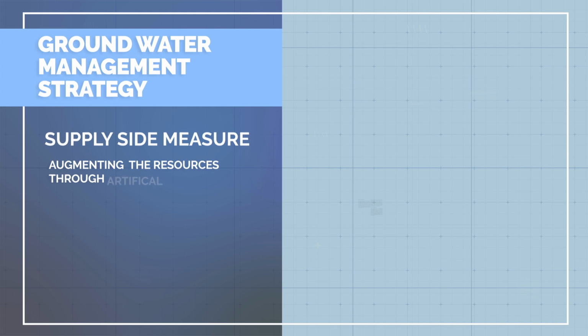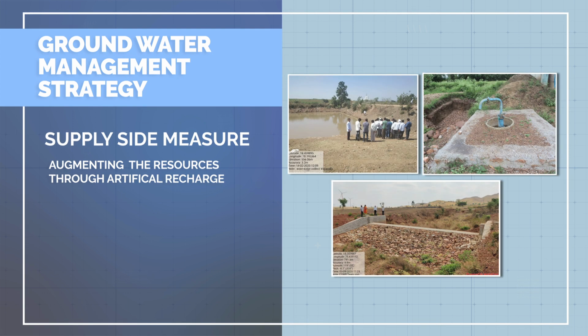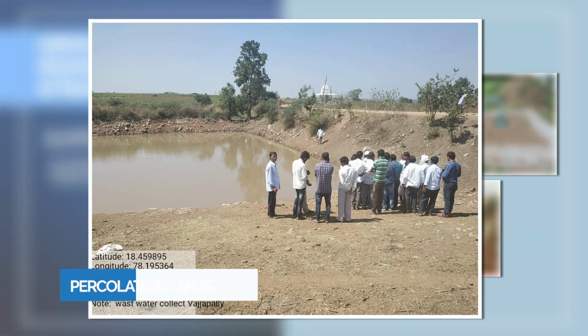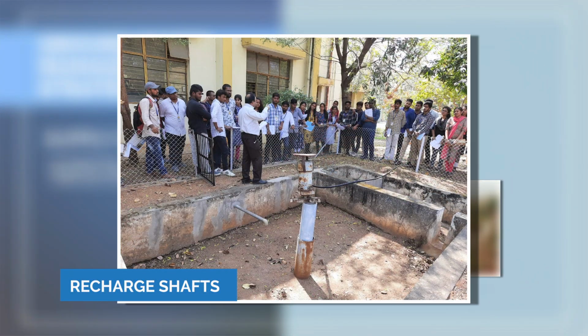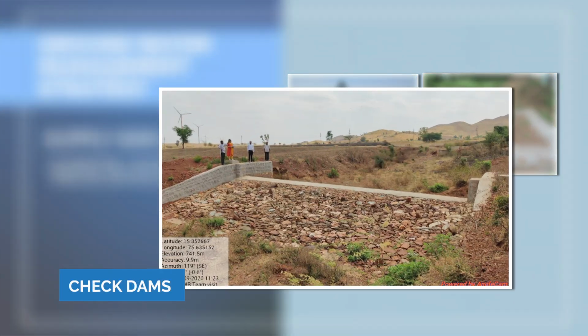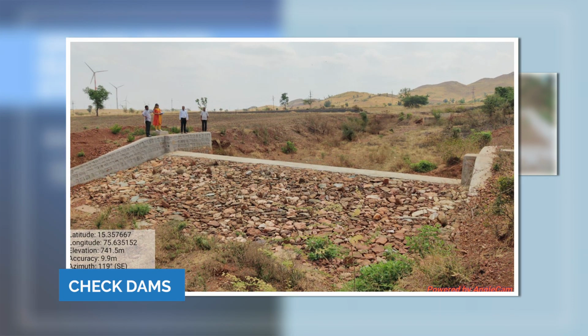Two basic aspects of management strategies are supply management, that is, augmenting the groundwater resources. This can be done through artificial recharge or managed aquifer recharge by construction of percolation tanks, recharge shafts, check dams, or similar structures.